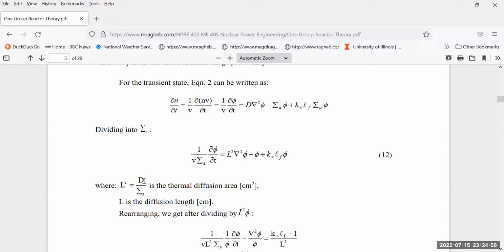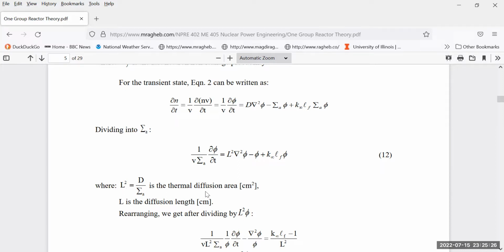Now D has units of centimeters, and sigma sub a has units of centimeter minus 1. So they combine to become a centimeter squared, and that quantity has a physical meaning because it has now the units of an area. And if you take the square root of that area, it is a distance. And this is what we call the diffusion length. And the square of the diffusion length is L squared.